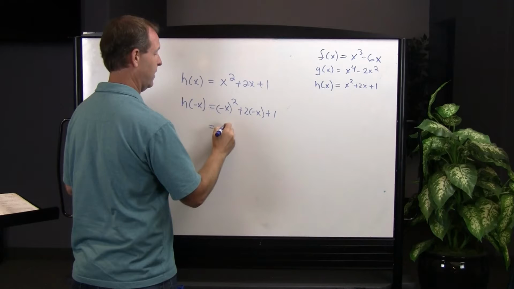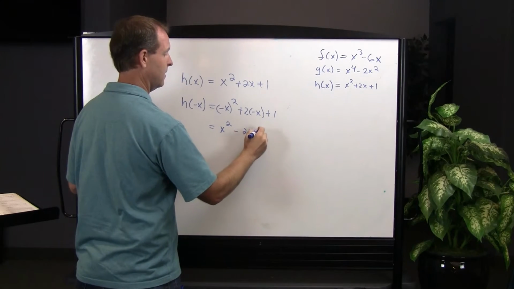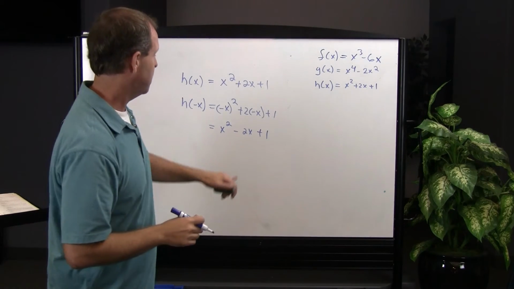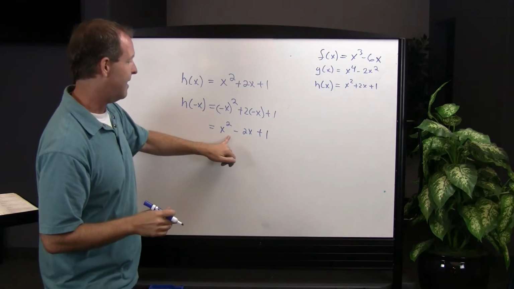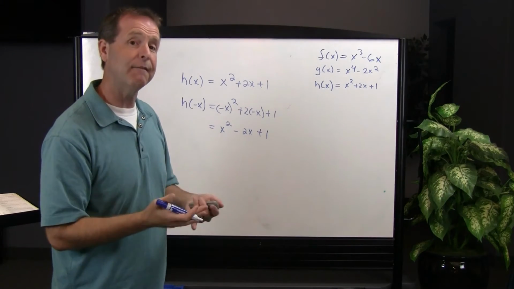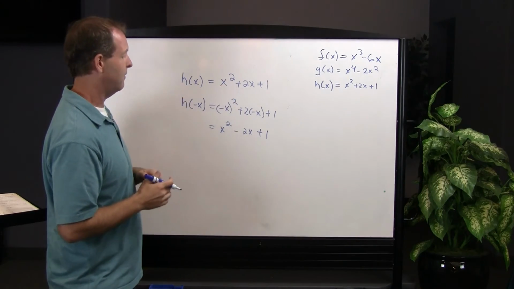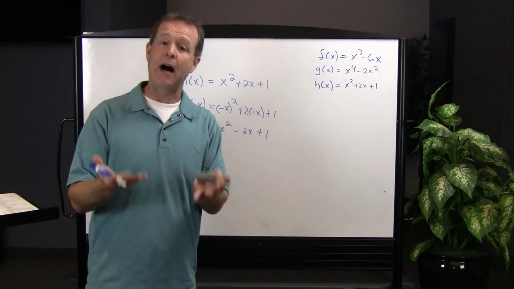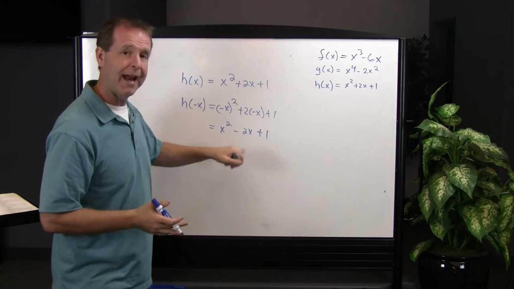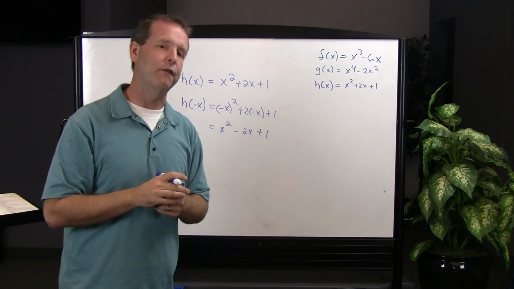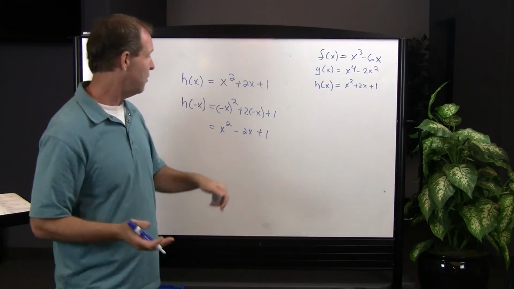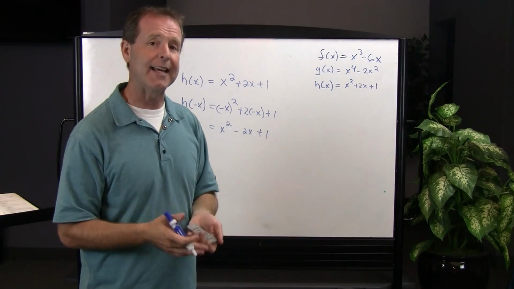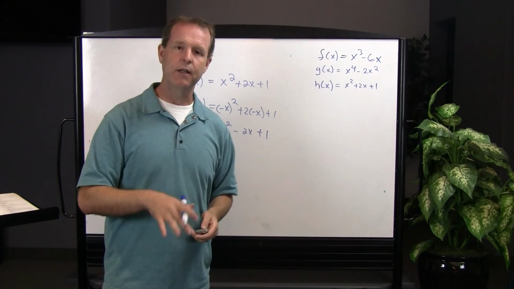This makes it x squared minus 2x plus 1. What you notice is two things here. I did not get the exact same function I began with at positive x, so we know it's not an even function. And for it to be an odd function, each of the terms has to be opposite of the original function, and that's not the case either. The only one that's different is the 2x. Because of that, I can say that h of x is neither even nor odd.